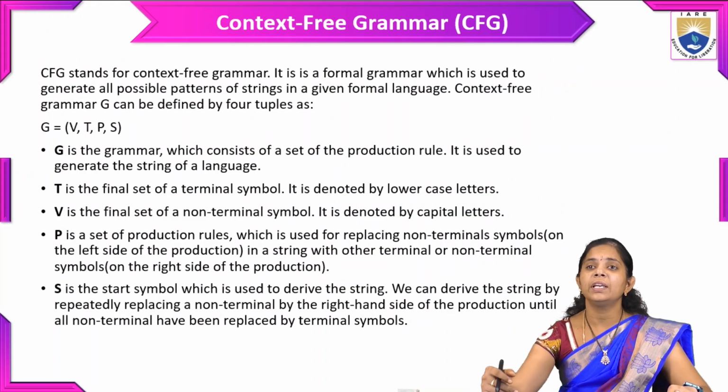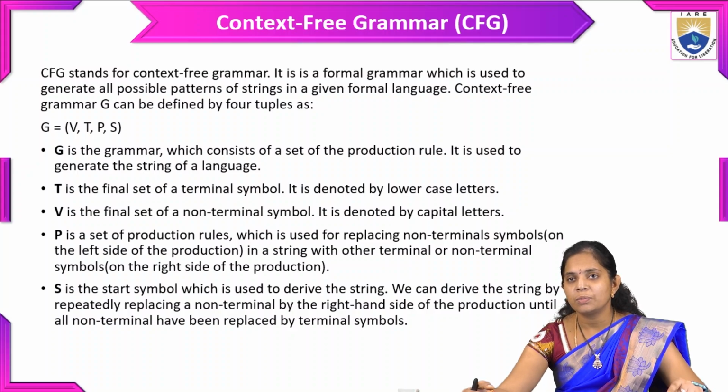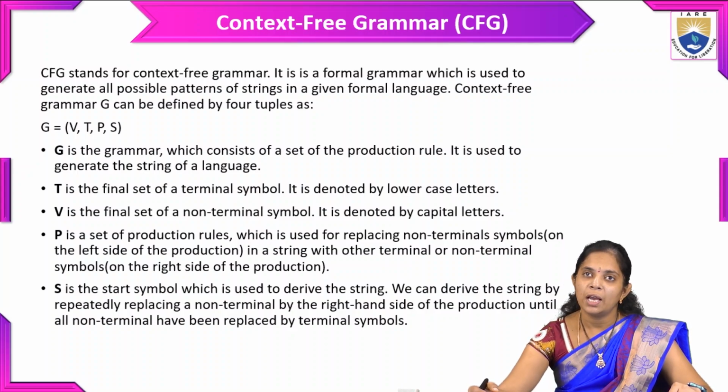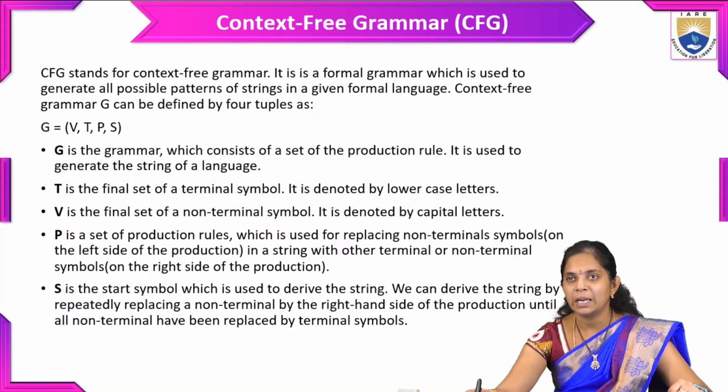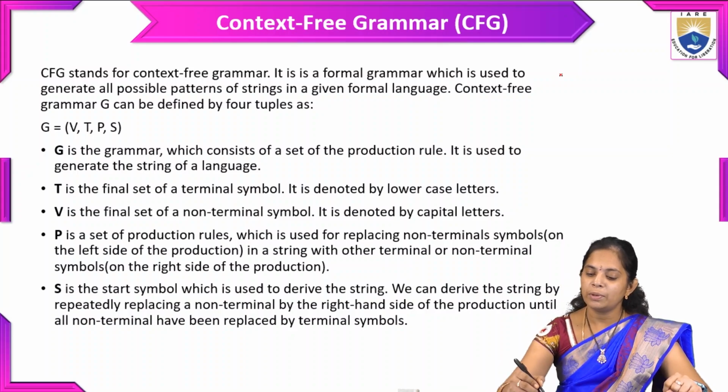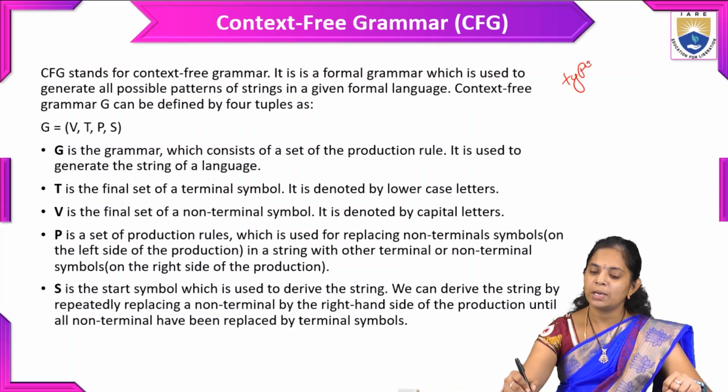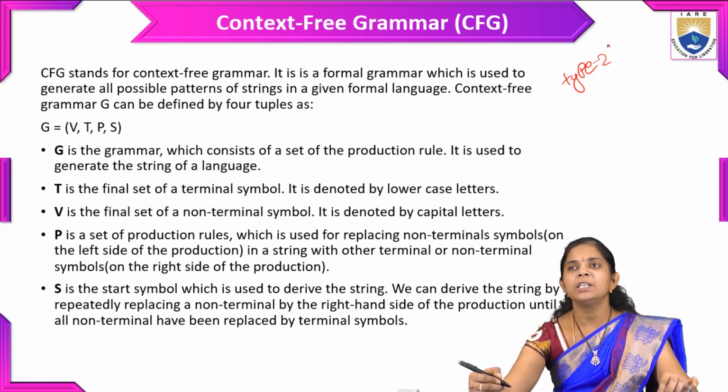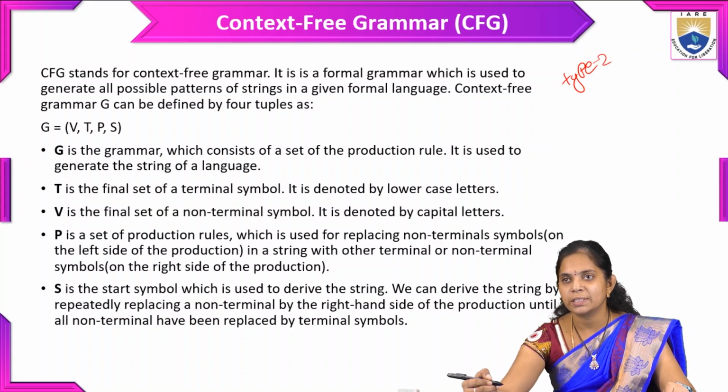And context free grammars. So till now we discussed the context free languages, and what is meant by context free grammar. It is a type 2 grammar, as we discussed. So what are the limitations of type 2 grammars, we will discuss.